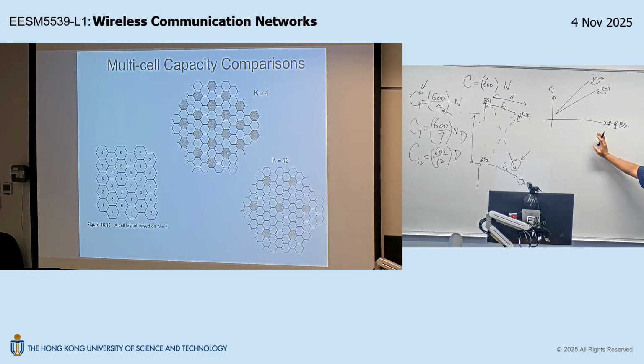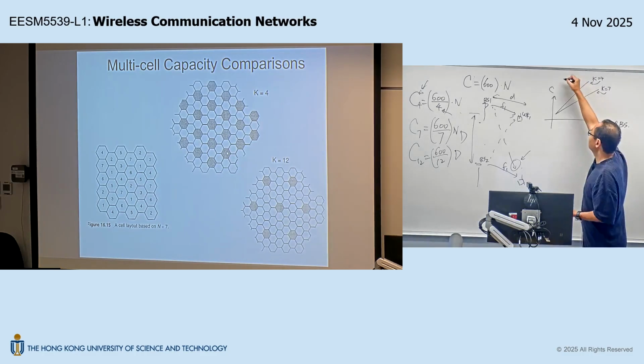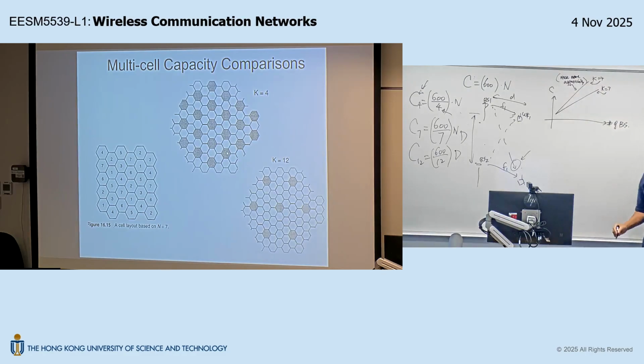Okay? In Hong Kong, a typical operator has 5,000 to 10,000 base stations. So that is a huge difference. Okay? Now, when you see a steeper curve, that means you are reusing more aggressively. Okay? For a slower curve, that means you're reusing more conservatively.